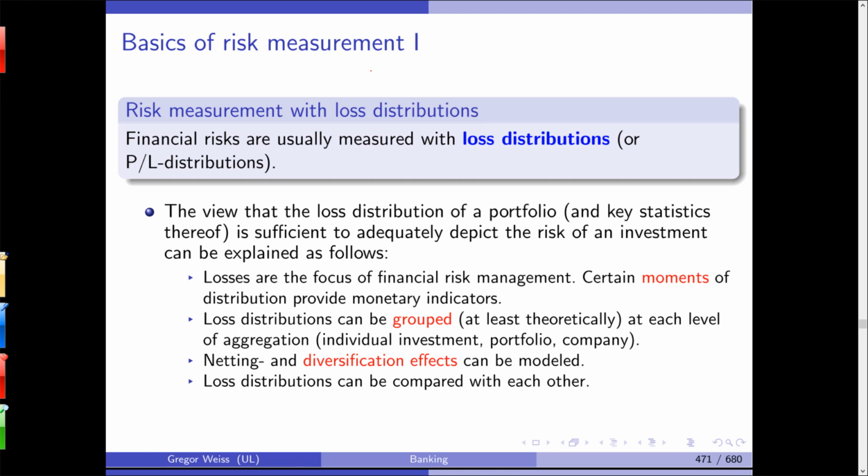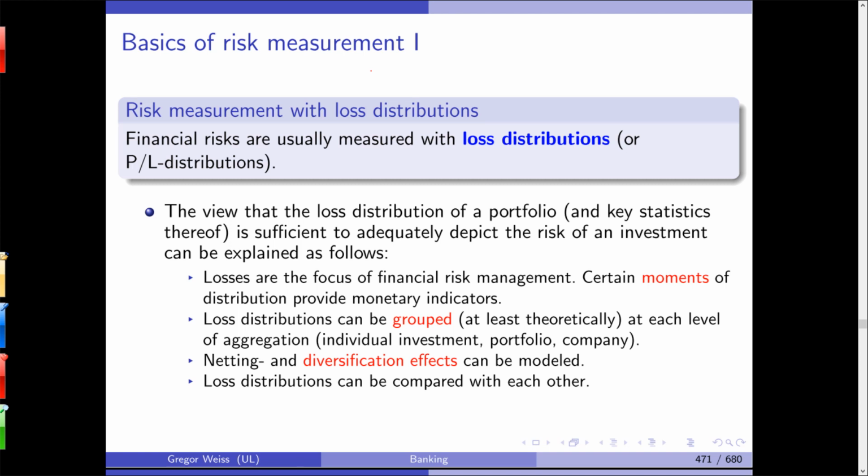Then we can use distributions and distributional models from statistics, and based on those distributional models, we'll take some certain moments that provide us with monetary figures, monetary indicators of risk. For example, an expected loss of 5 million, or a certain quantile of the distribution. Loss distributions, in contrast to some other figures or some other metrics you could use, can be grouped together.